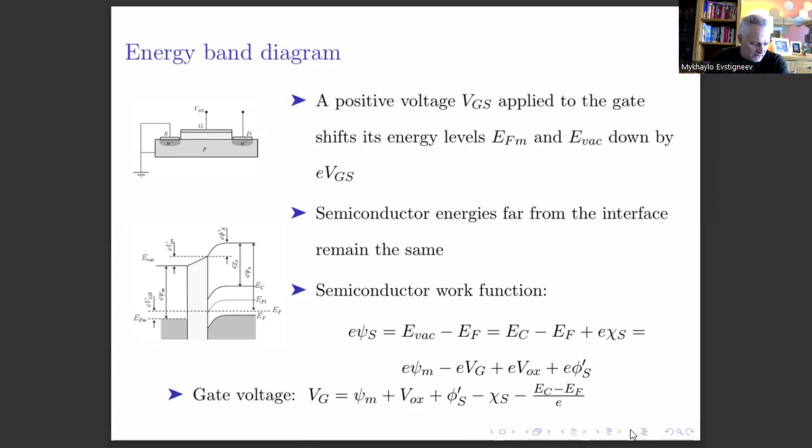This is a fundamental equation which can be used to derive the threshold voltage and also another interesting voltage, which is called the flat band voltage. That is the voltage you need to apply to the gate at which the semiconductor bands do not have bending, they're flat. But we will do this in the next class.